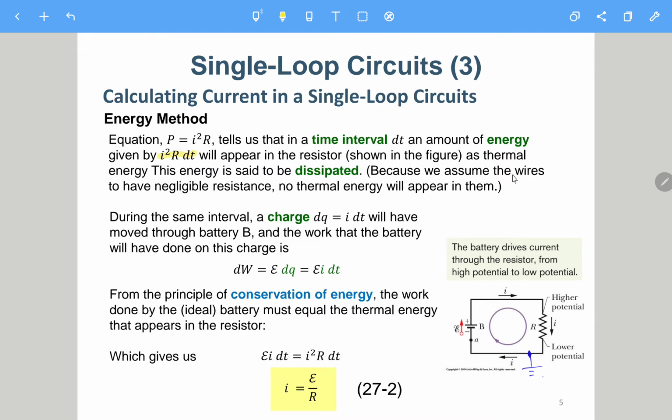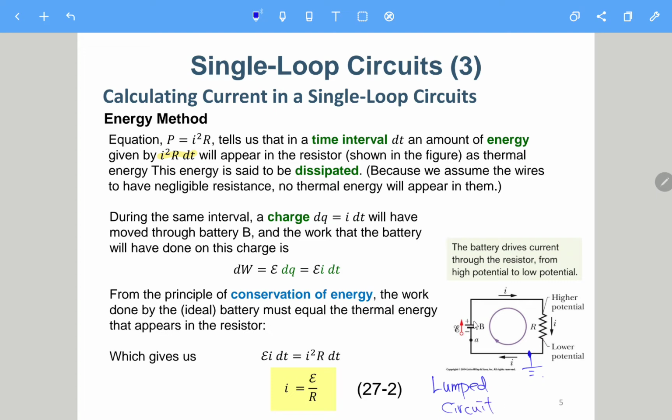Because we assume the wires have negligible resistance, no thermal energy will appear in them. So we assume that this wire is purely non-resistive. The resistance of this wire and this wire is perfectly zero. In circuit theory, the concept is called a lumped circuit.